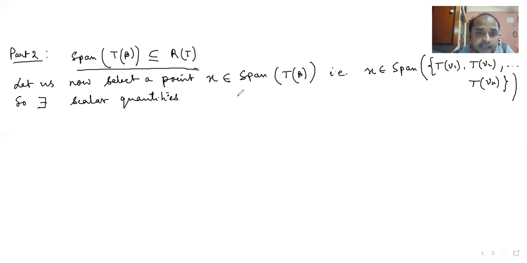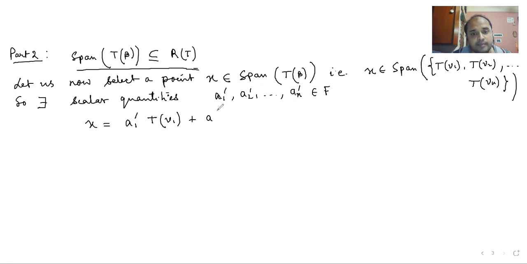Let us name these scalar quantities a1 prime, a2 prime, dot dot dot an prime, just to distinguish them from the previously assumed scalars, such that this x can be expressed as a linear combination a1 prime into T v1, a2 prime into T v2, plus dot dot dot plus an prime into T vn.